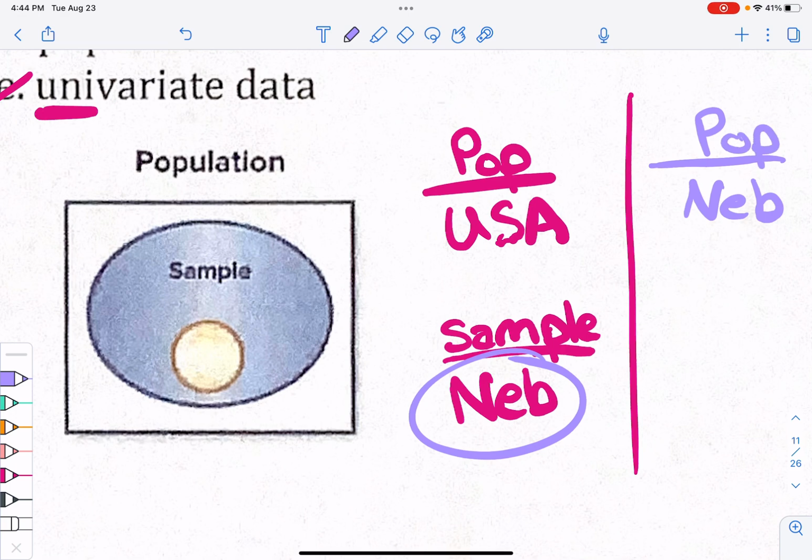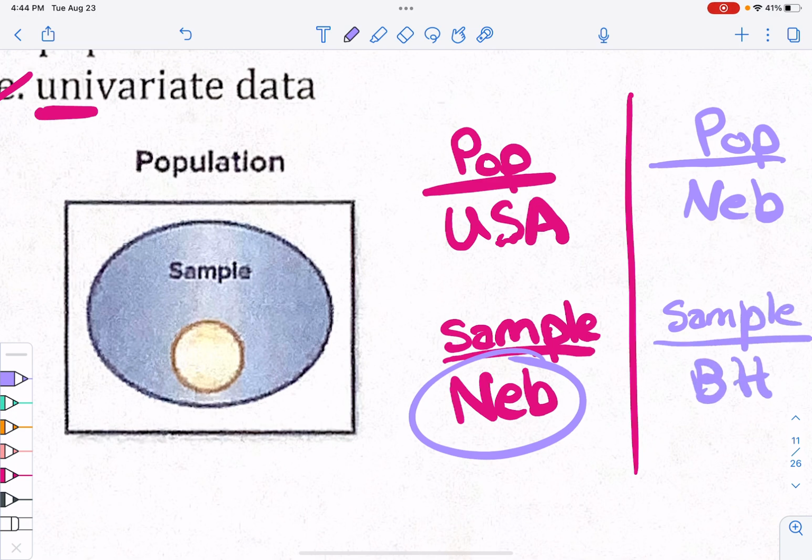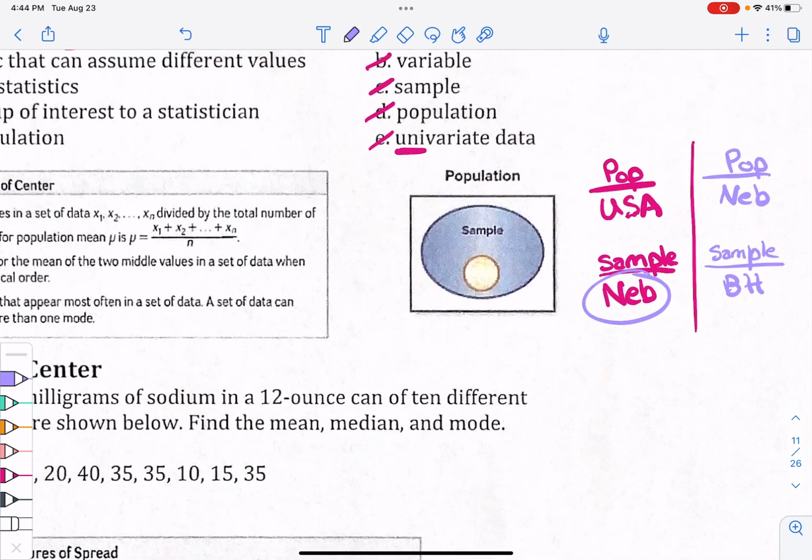So before, my sample was everybody in Nebraska, but now my population is Nebraska. But if I want a smaller subgroup of Nebraska, I could just sample everybody in Blue Hill, okay? So population doesn't always mean every single person everywhere. It's just whatever group you want to talk about, okay? And then your sample is just a subgroup within that, okay? All right, so there's that.